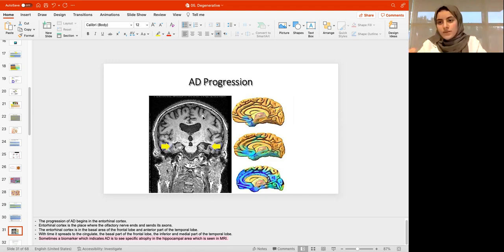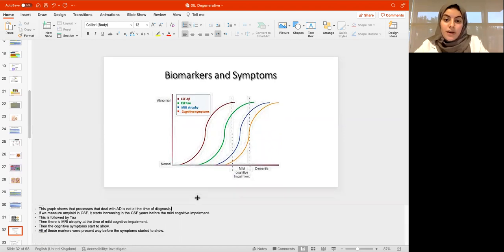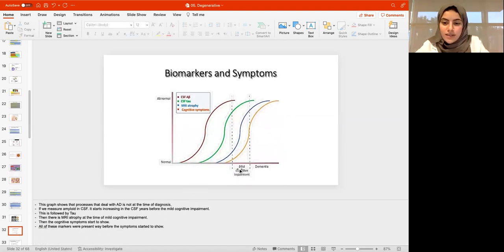It's one of the ways they can mark it, but there are other ways that we'll get to right now. So these are the biomarkers. As you can see here, this graph shows the proteins, the CSF amyloid beta and tau protein, which actually start accumulating much earlier than they actually present to the clinic, okay?